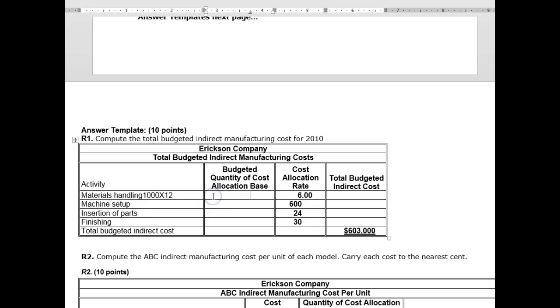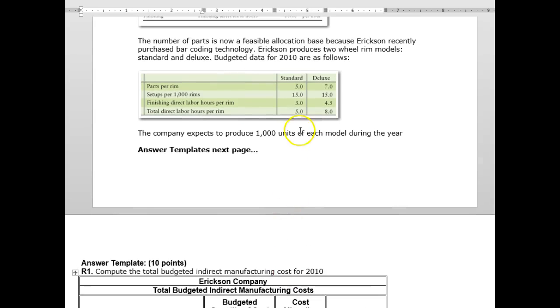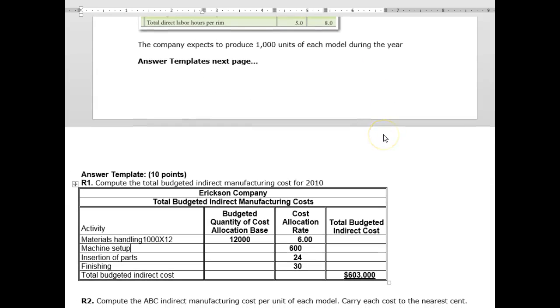So then you have 12,000, right? The machine setup, what are you going to do with that? Well, let's go up here. Each one of those takes 15 per rim, so that's going to be 30.